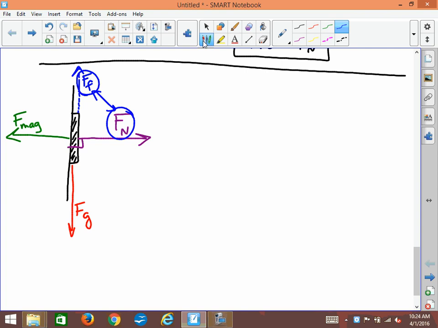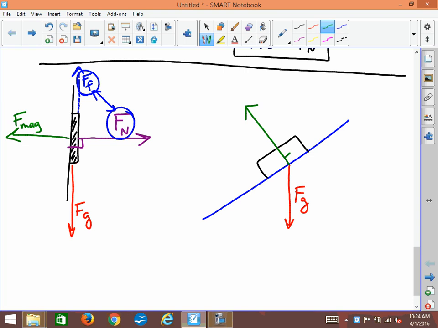It can be horizontal, and it can be reacting to something different than gravity, like a magnetic force in this case. The other thing that can happen, and it will happen in this class later, if you have a hill and a box on a hill, gravity will pull downwards. As always, gravity can only pull down. But we said that the normal force has to be perpendicular to the surface, which means the ground would have to push this way, perpendicular. And that creates a whole new set of problems in how we balance that.